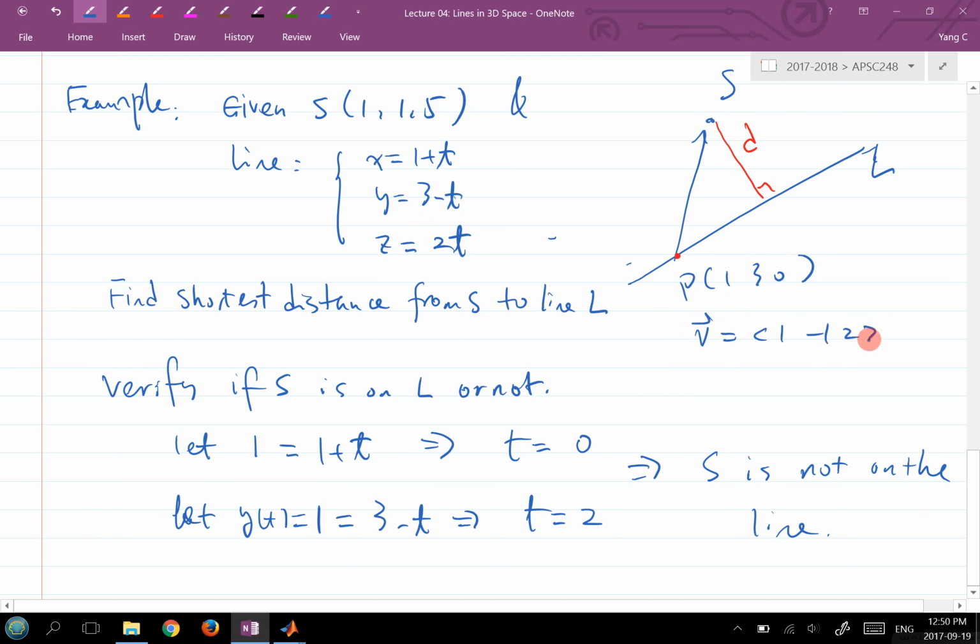Then he suggested we create a vector from P to S, and then try to find the parallel vector of PS in this direction, and then we can find the perpendicular one, whose distance is basically the shorter distance. Okay, that's absolutely right.